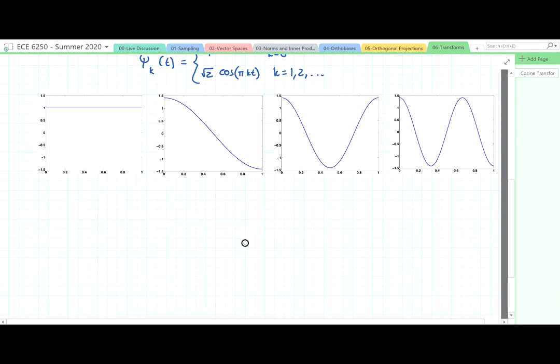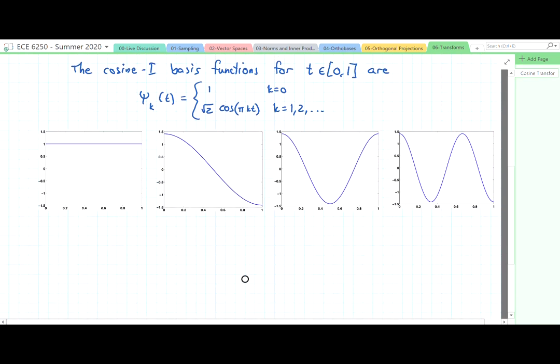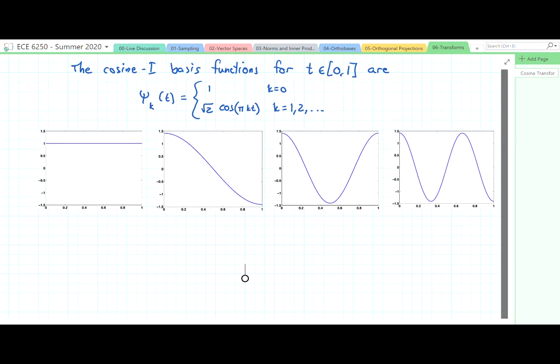Okay, so I've put in here plots of the first 4 basis functions. So first we have psi 0, psi 1 of t, psi 2 of t, and psi 3 of t along here. So cosine functions, just like you would expect.